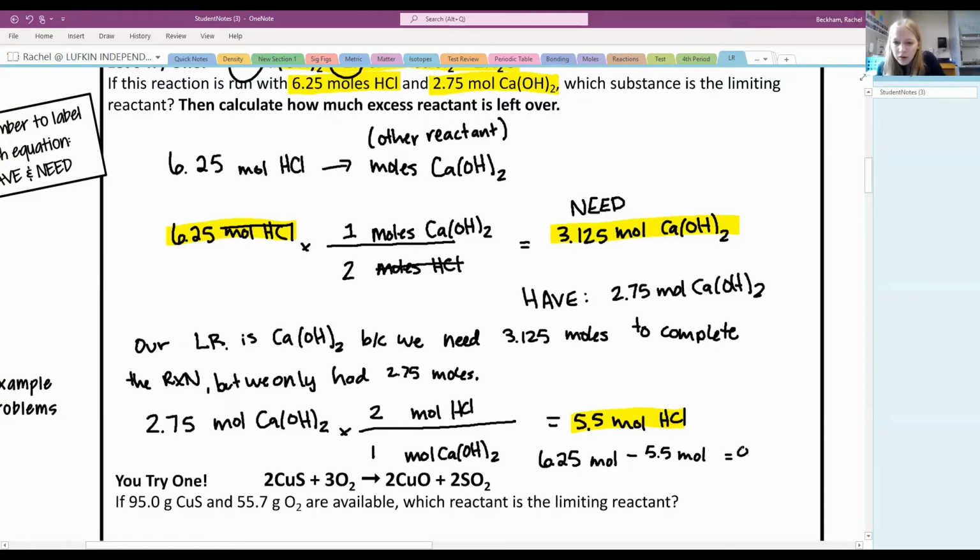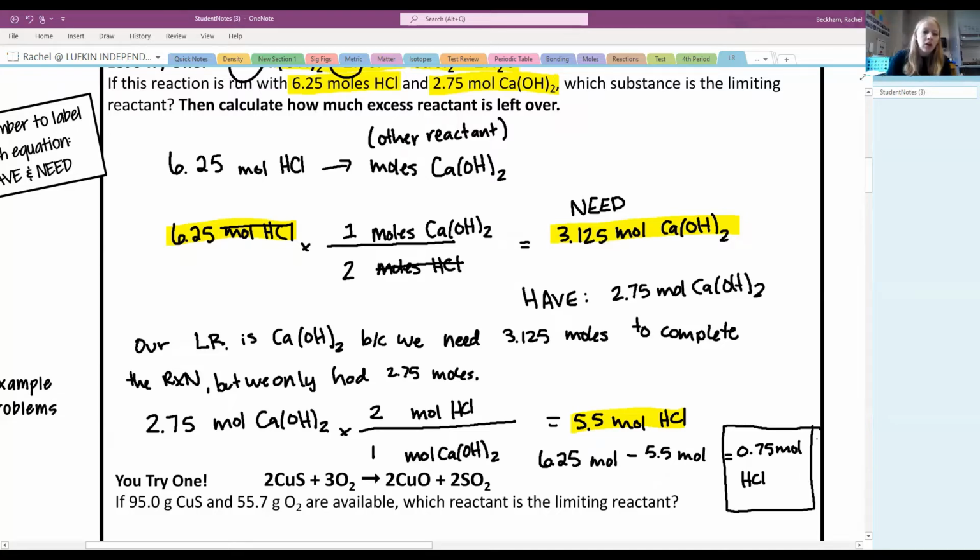And we're getting 0.75 moles left over. If the question said how many grams, we would have to convert that to grams by multiplying by the molar mass. The question didn't specify, it just said calculate how much excess reactant is left over. Because it didn't say it had to be in grams, I'm going to make it easier on myself and just leave it in moles.